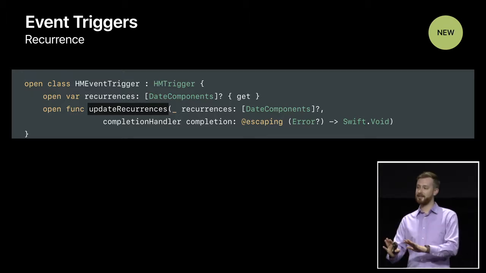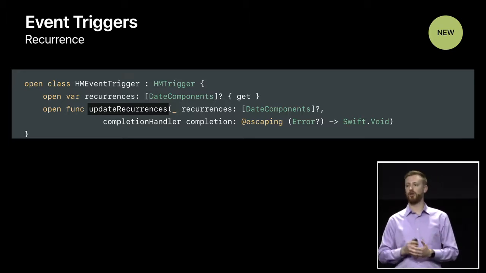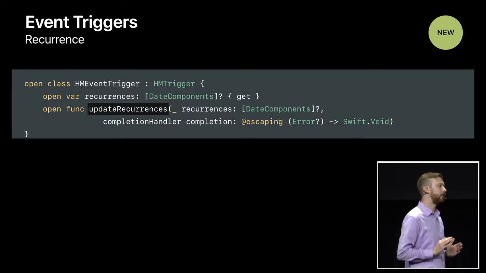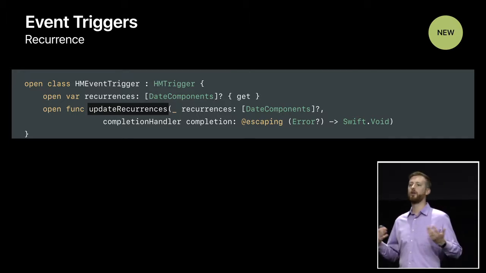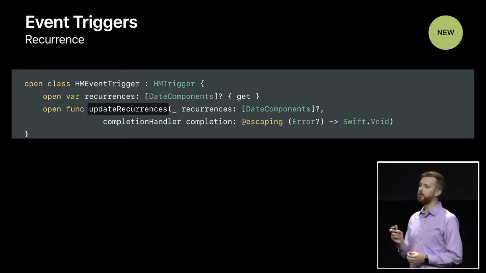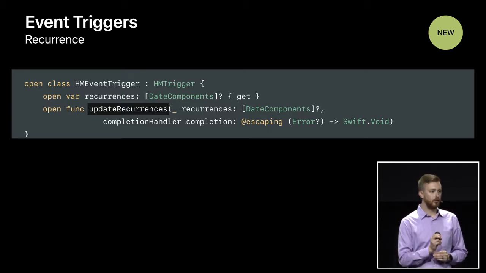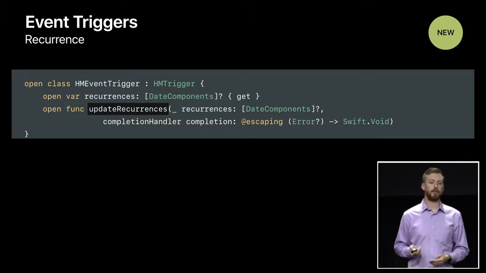Now, as an example, I like to get up just a little later on the weekends, as I'm sure many of you do. And so I don't want my good morning scene to automatically execute an hour after sunrise. Instead, I'd like to use Siri to go ahead and say, good morning. So let's go ahead and gate our previous sunrise event trigger to only execute during the week, Monday through Friday.